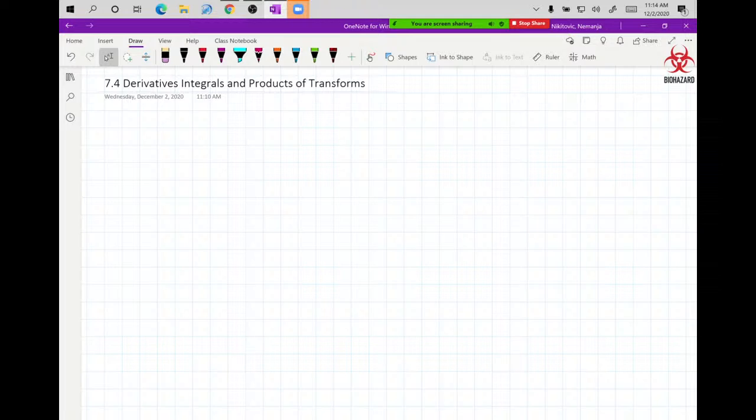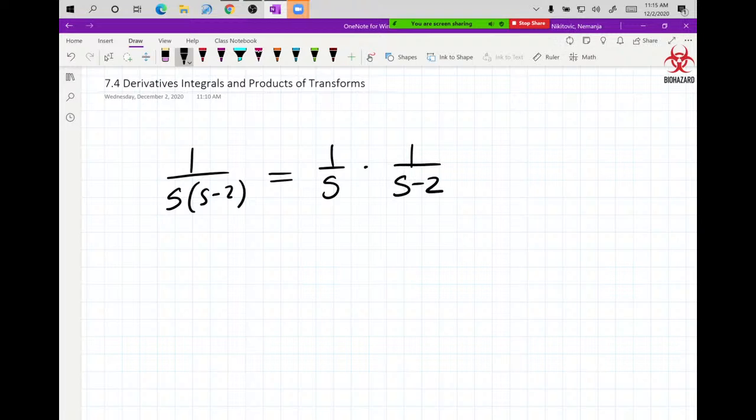So technically you're starting with, let's say, 1 over s minus 2, which is technically 1 over s times 1 over s minus 2, and you want to change that into a over s plus b over s minus 2 so that you can use inverse transform.